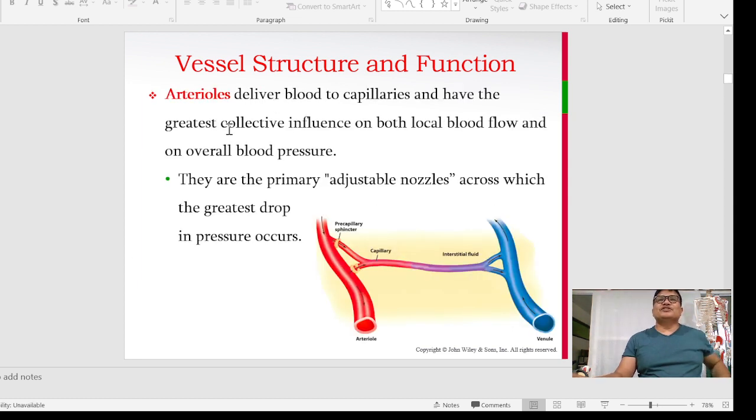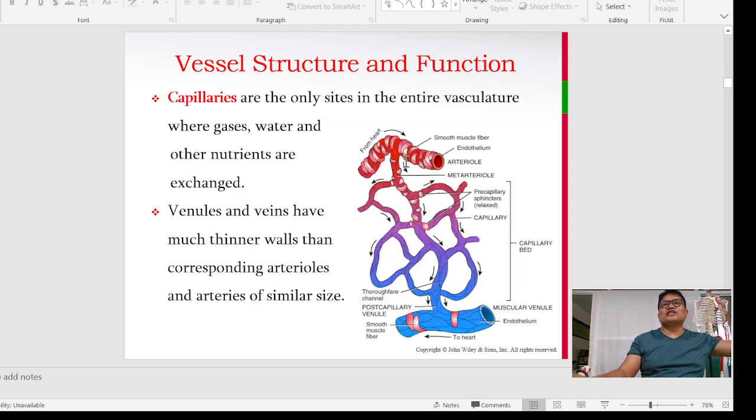So the arterioles deliver blood to the capillaries. We have here the arteriole and we have here the capillary. Okay? So actually your capillary is like a nozzle, no? The arteriole is like a nozzle, like the ones in the hospital, where only a little blood flows through. Then when it enters the arteriole, it goes into the capillary.